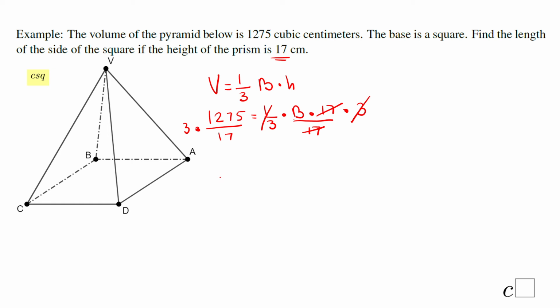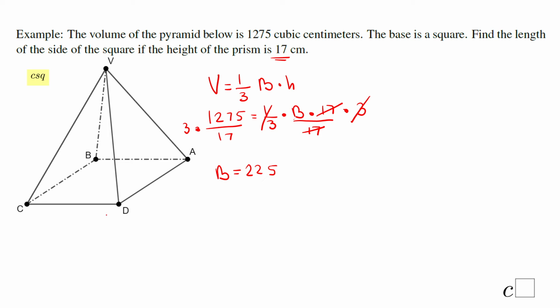So now let's see what we get. I'm going to grab a calculator and do this math on the calculator. 1275 times 3 divided by 17 and up to 225. That's the area of the base.